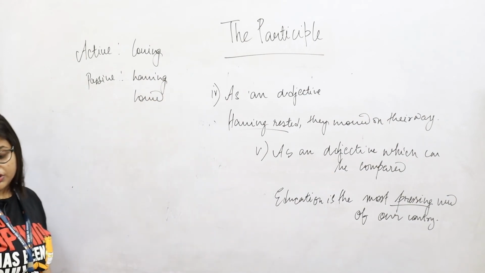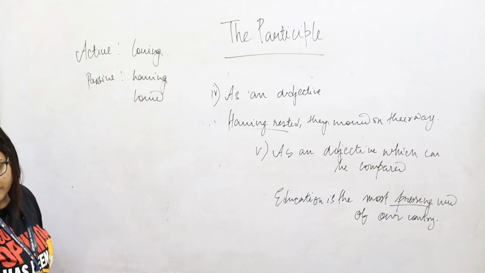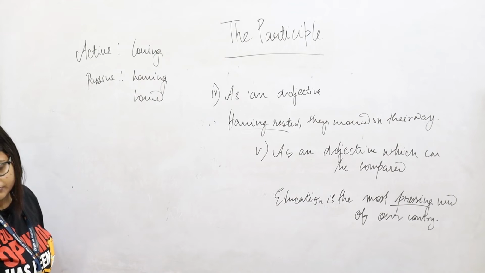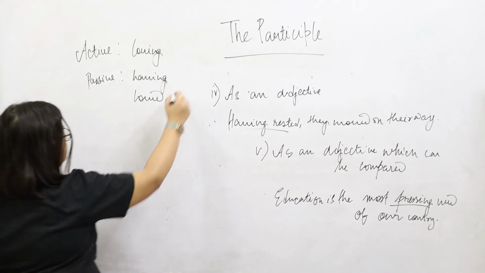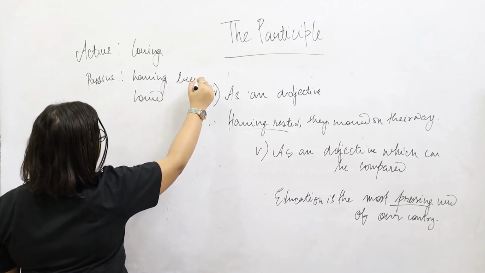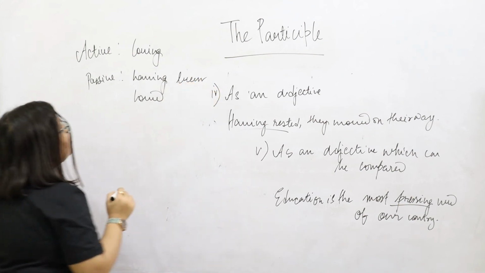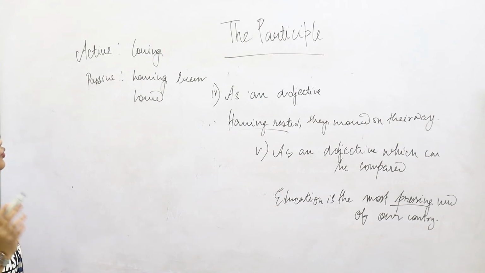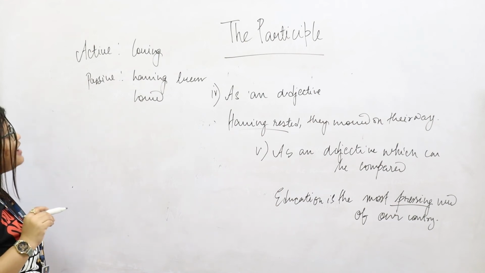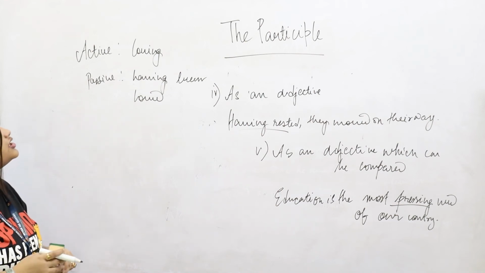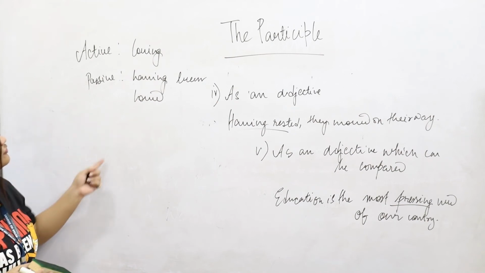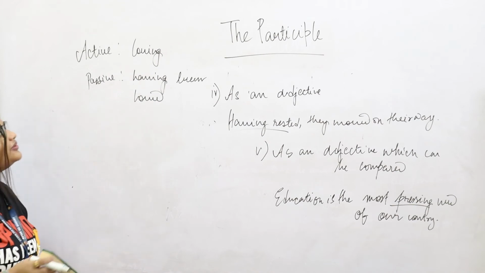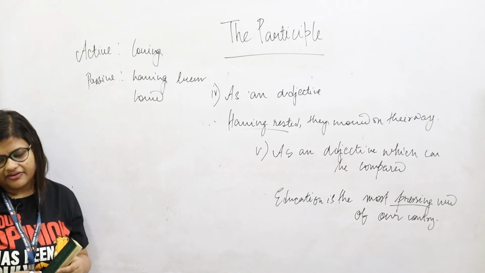So that is how we use it in the passive form. Sorry, it would be having been loved. Having loved would be the present participle, and if we go over to the past participle, it would be having been loved.